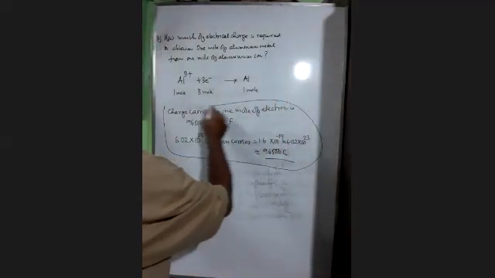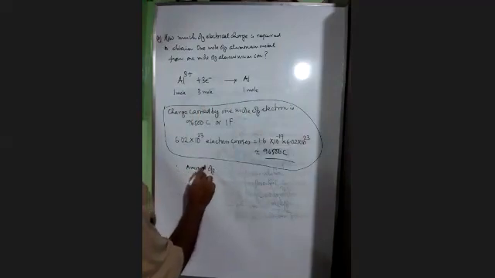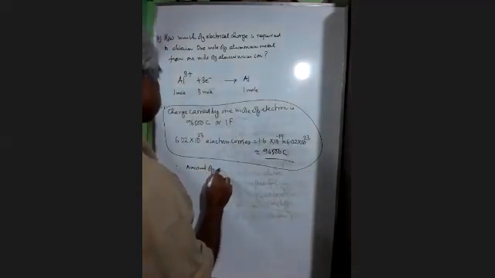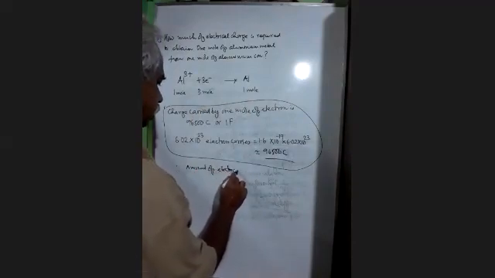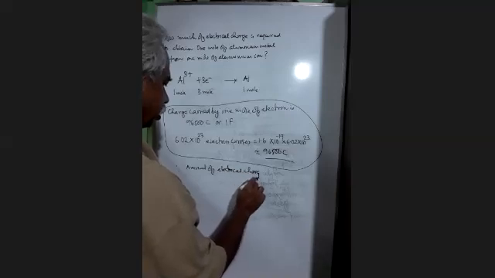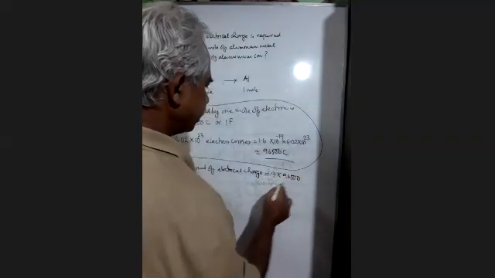Now see, how much do you require? 3 moles. For 1 mole it is this much. This is only for our information. Therefore, the amount of electrical charge will be 3 into 96,500.